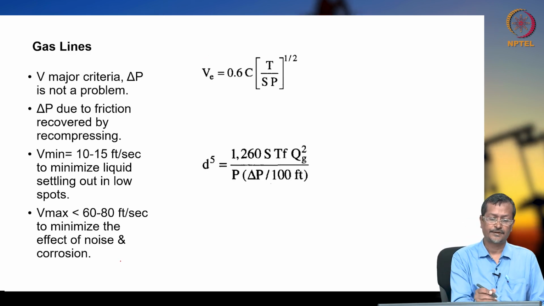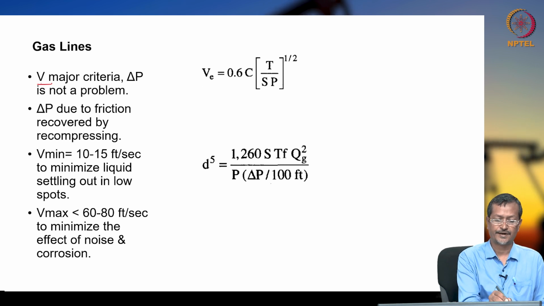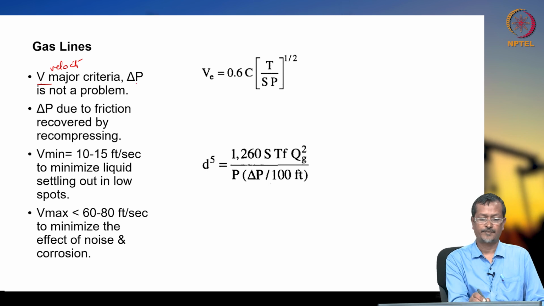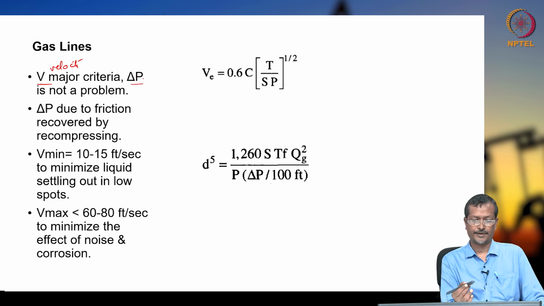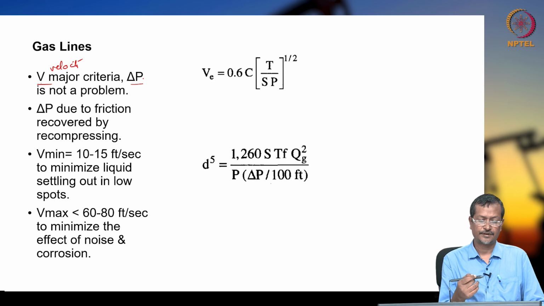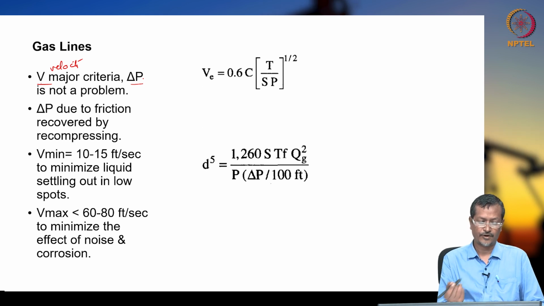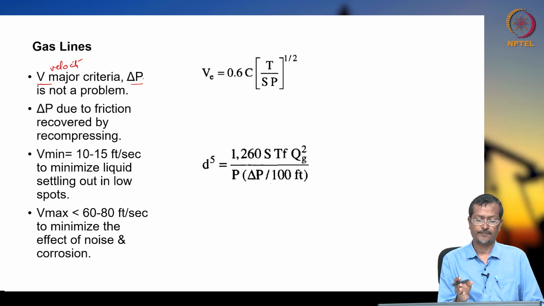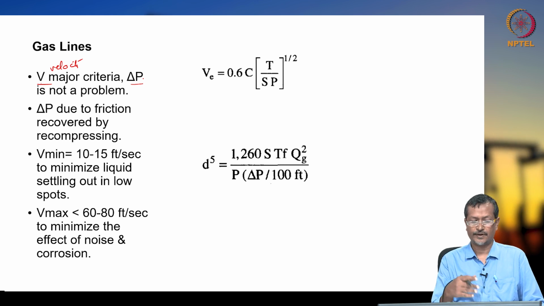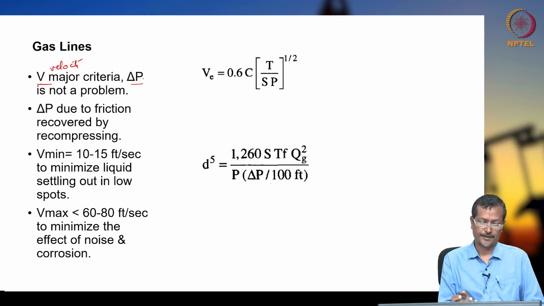So, velocity is the major criterion, and del P is not a big problem. Del P due to friction is recovered by recompressing; if there is any loss in del P, compression should be done again.